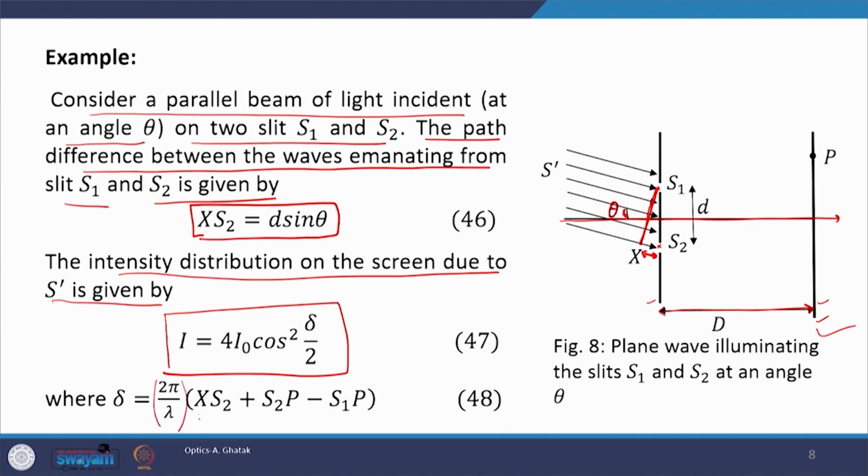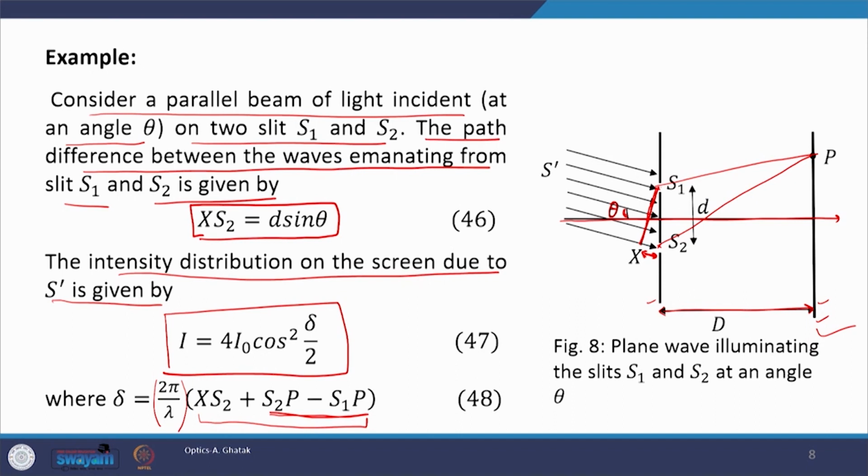In the traditional Young's double slit experiment, the path difference is equal to S2P minus S1P. We draw a line from S2 to P and from S1 to P, and we take the difference between these two paths, and this gives us the path difference between the two ray paths.